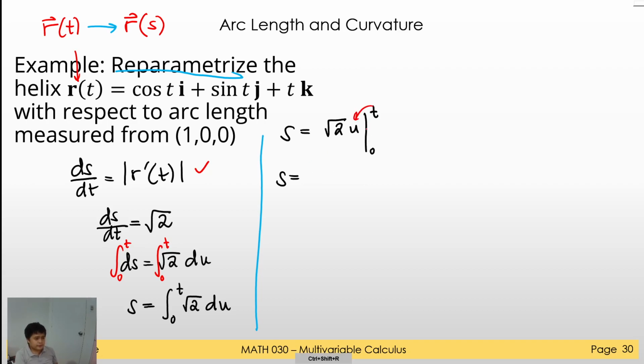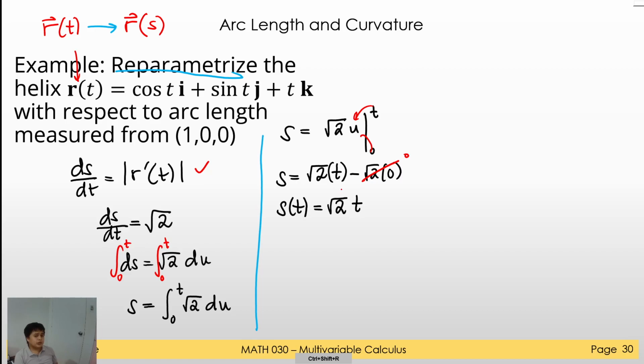We can substitute t here. So we have square root of 2 times t minus square root of 2 times 0, and that cancels out as 0. So s as a function of t will be equal to square root of 2 times t.